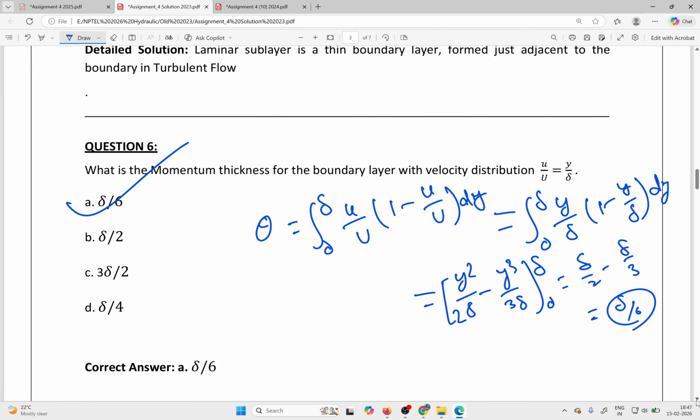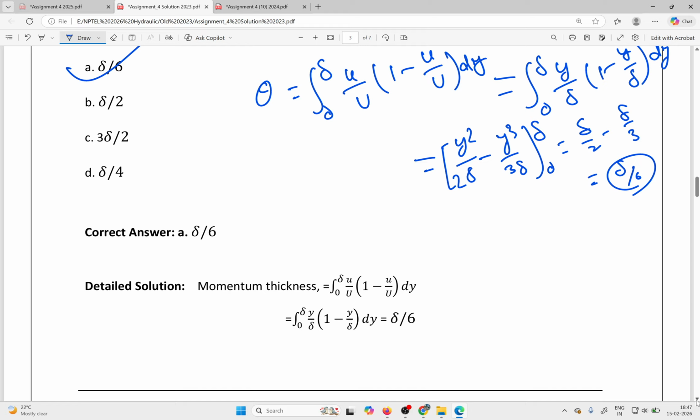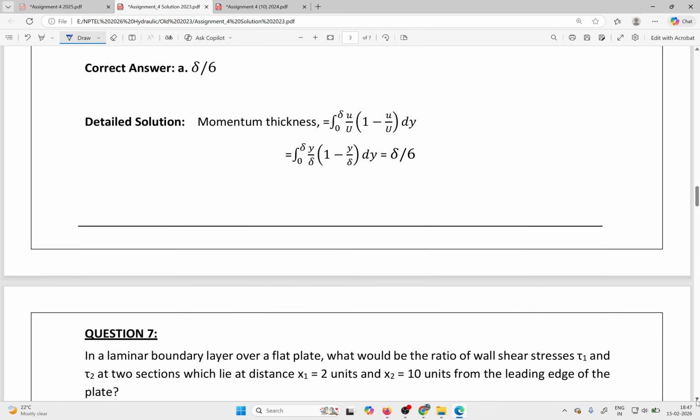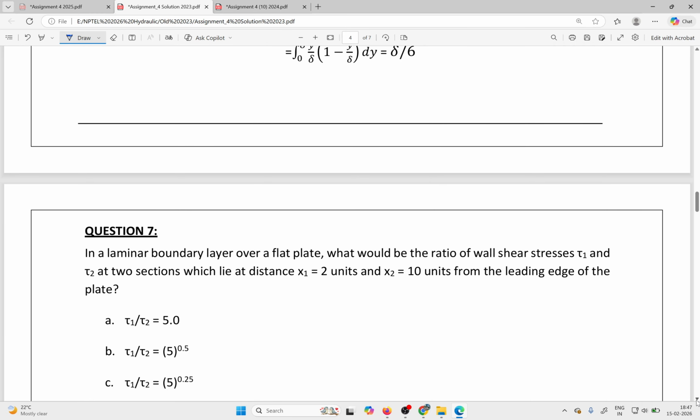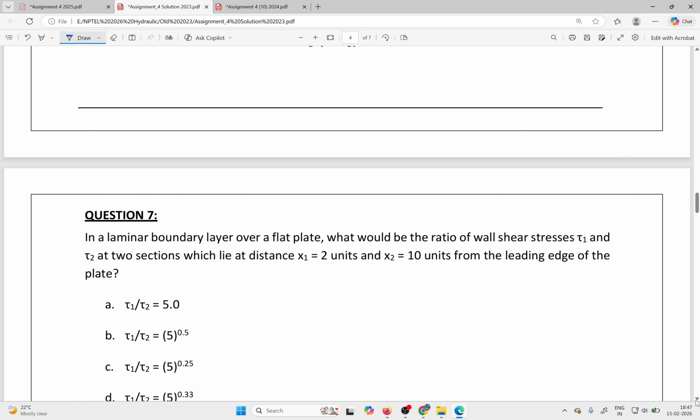Okay, so nice. Now we'll move on to the next question, question number 7. Very important. So here you need to solve, please, because here the digit is different.